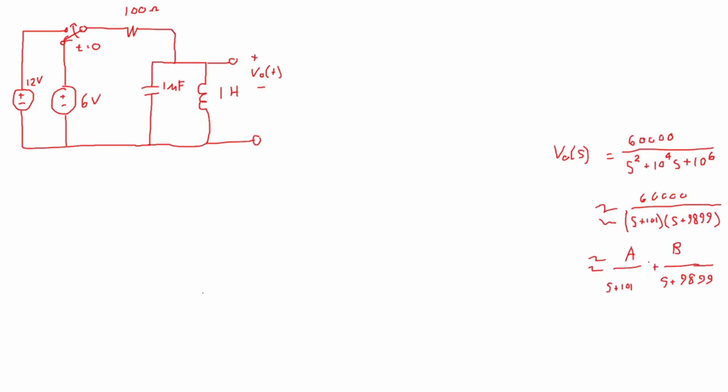So at this point, we set up our partial fractions, and so this is approximately equal to a over s plus 101 plus b over s plus 9899.